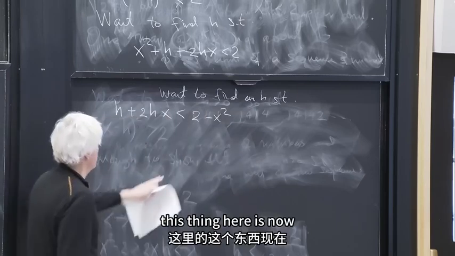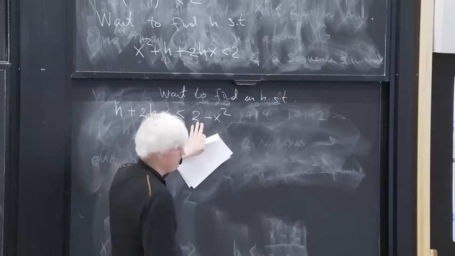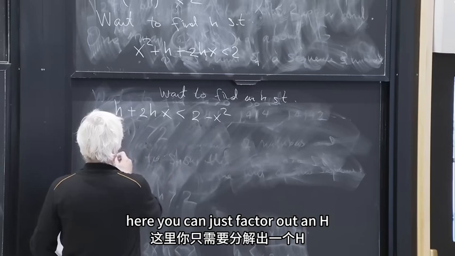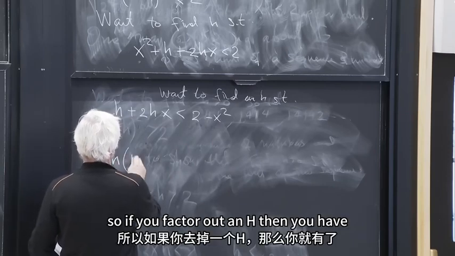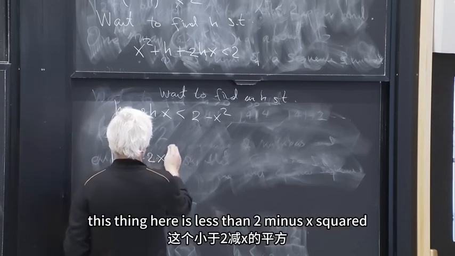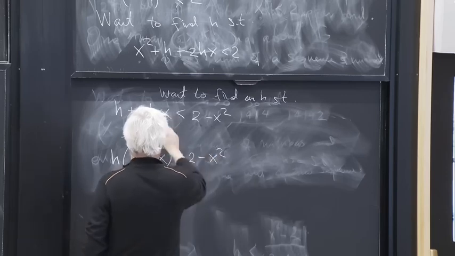Right. This thing here is now positive, because x squared is strictly less than 2. Here you can just factor out an h, so you want an h such that h times (1 plus 2x) is less than 2 minus x squared.